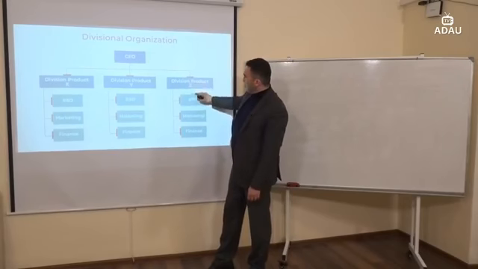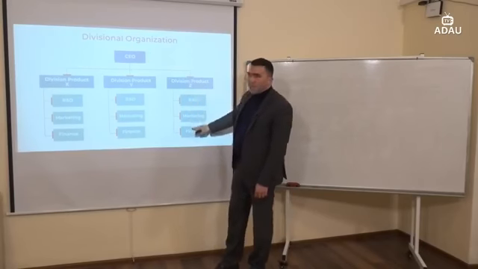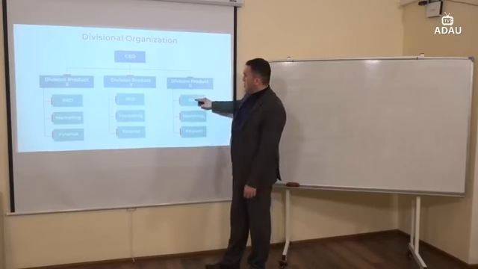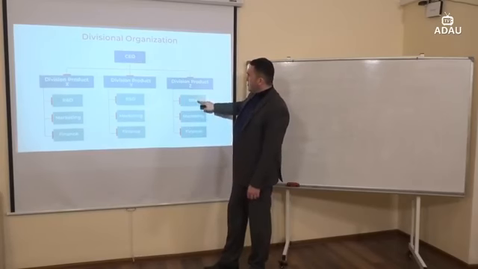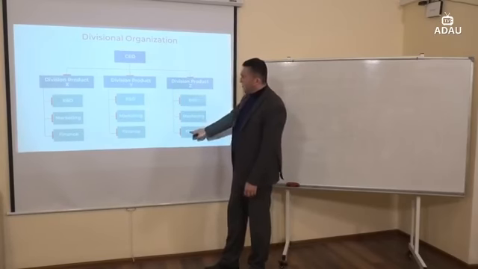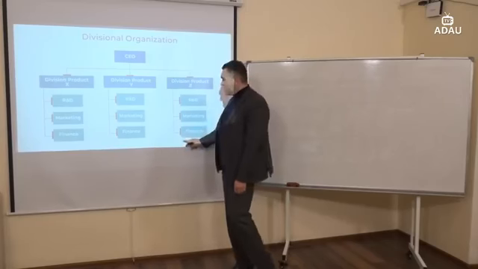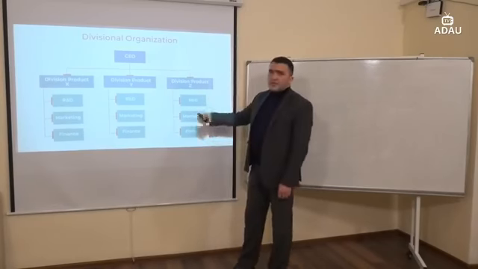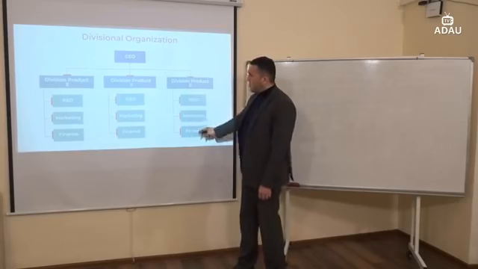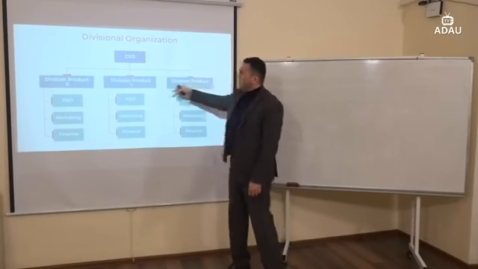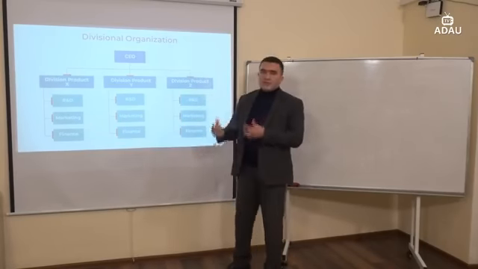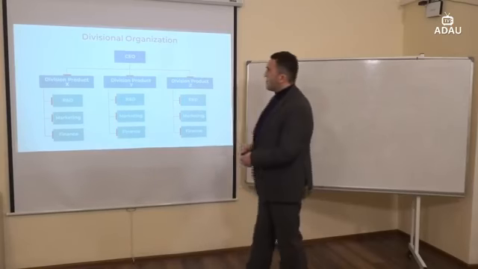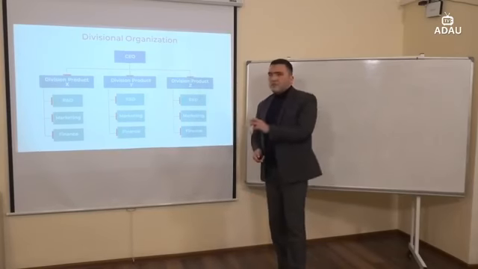Each division has the same departments: research and development department, marketing department, finance, maybe human resources, maybe engineering, and other departments. Each division has the same departments. This is a product-based divisional structure.